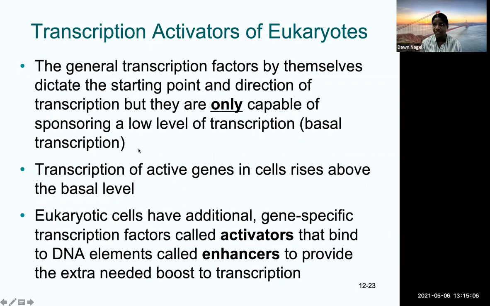You would need this for many genes. If a gene needs to be highly expressed, you need to be able to transcribe lots of mRNA for that gene. That's where these transcription activators, as the name suggests, come into play to help the general transcription factors move beyond that low basal transcription level.